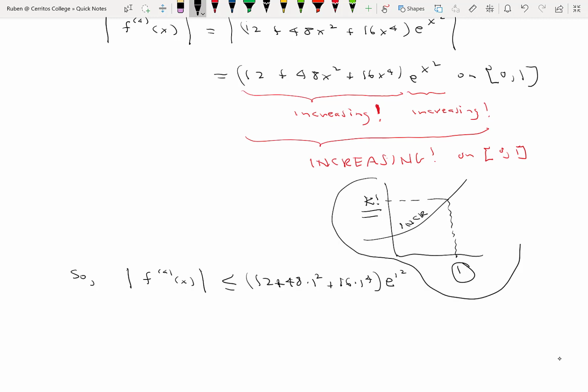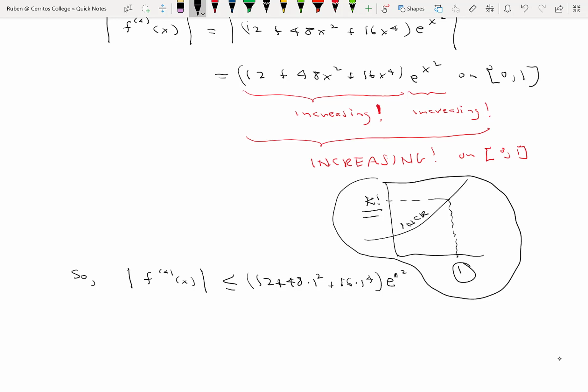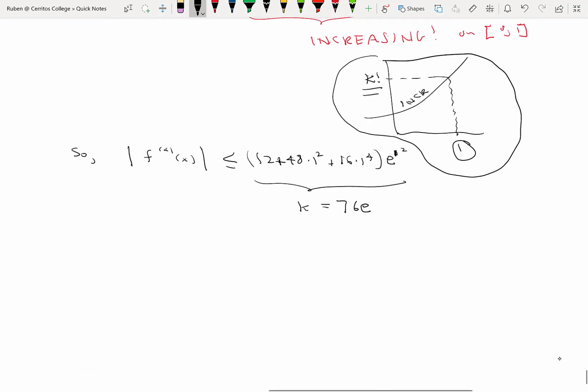Sorry, I put my graph right in our way here. All I did is put the right-hand limit of integration into that expression, because that's the biggest it ever gets. And that's my value of k. If you add up the stuff in the parentheses, you get 76. So k equals 76 times e, the base of the natural logarithm.